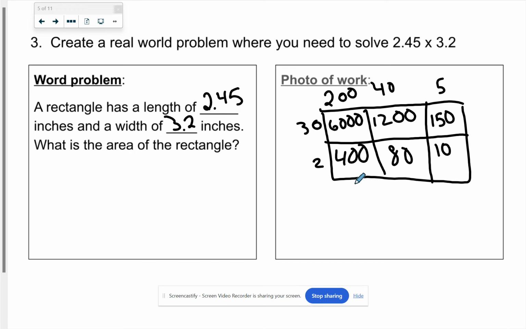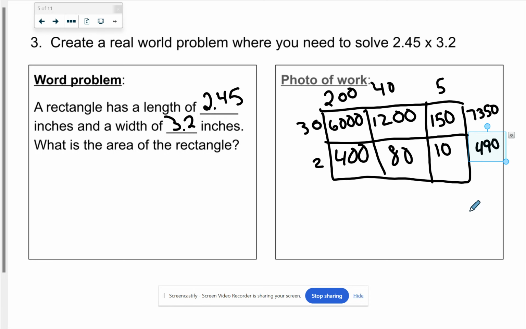Now we're going to add them all up. We have on the top 7,200 plus 150, 7,350 on the top, 400, and then 490 on the bottom.